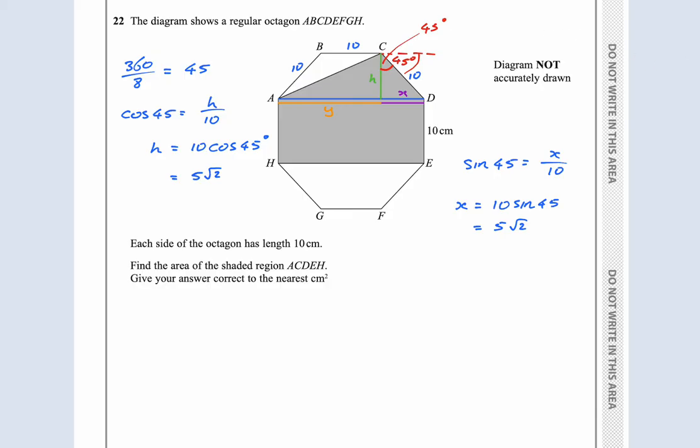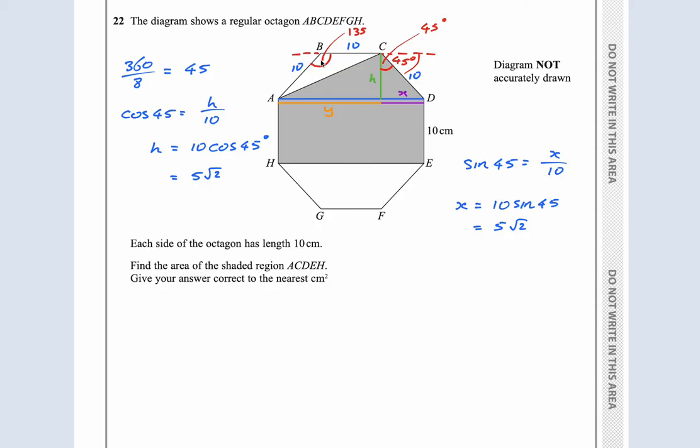If this angle here is 45, then this angle here, the interior angle, has to be 135. That is because the 135 plus the exterior angle here, or here if you want, has to add up to 180 because it's a straight line.